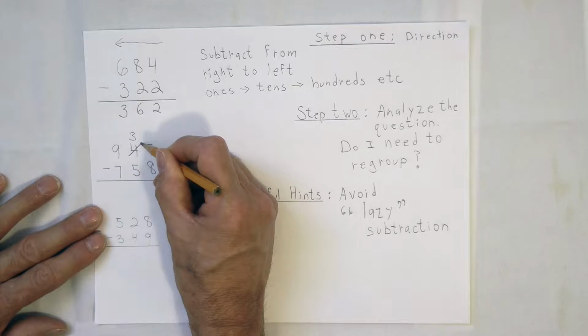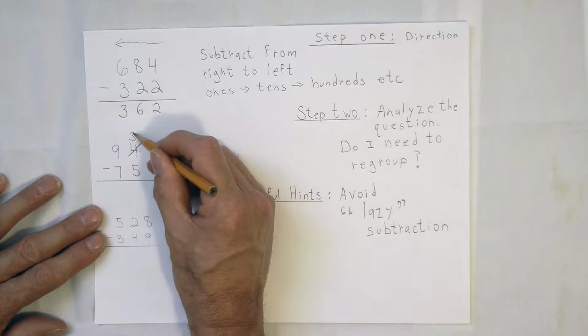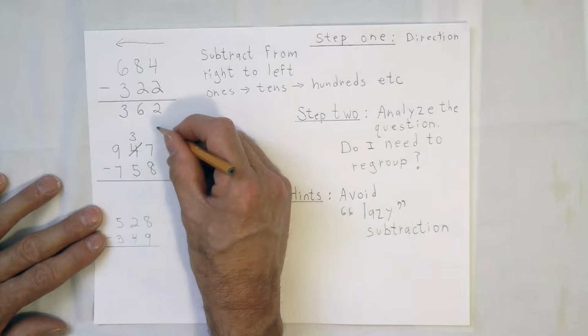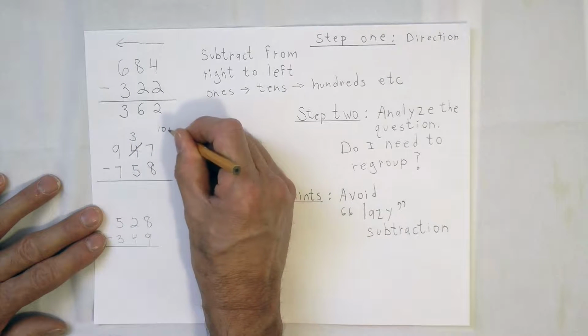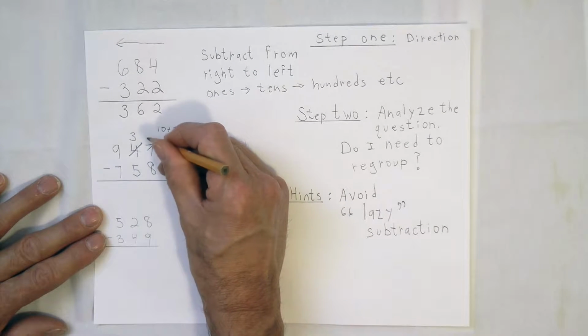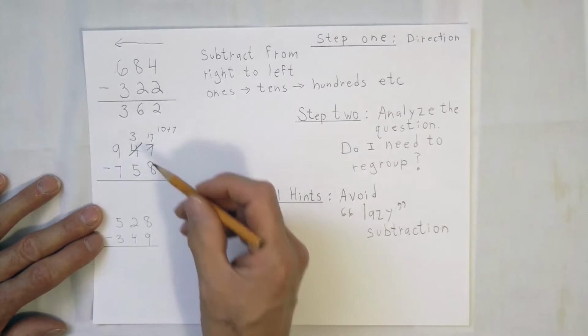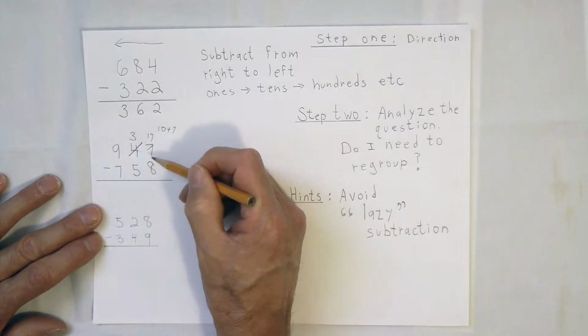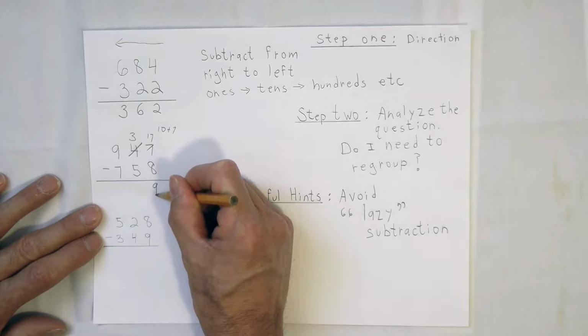So we cross off 4 tens, make those 3 tens, and we're sending 10 to the ones column. So 10 plus 7 is now 17. Now we can subtract. 17 minus 8 is 9 in the ones.